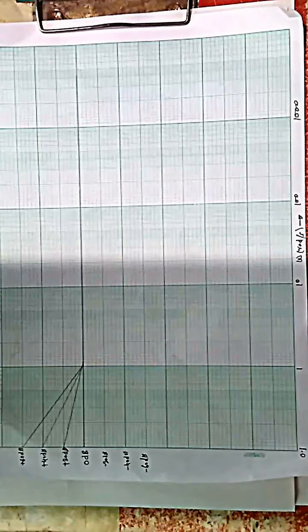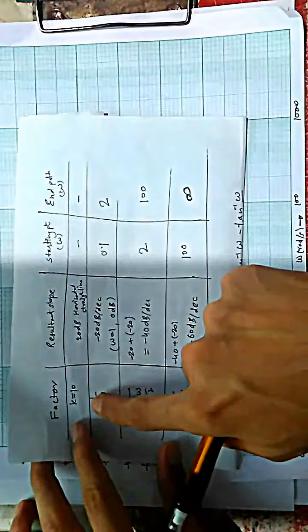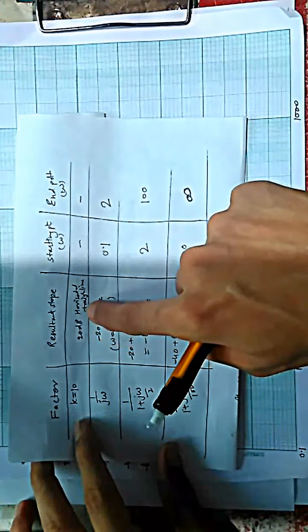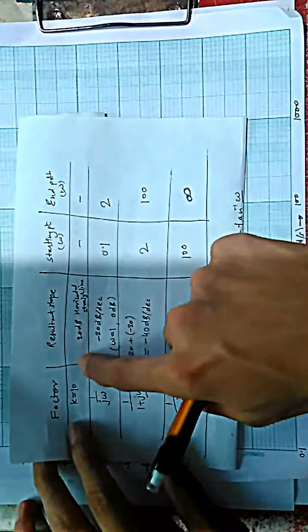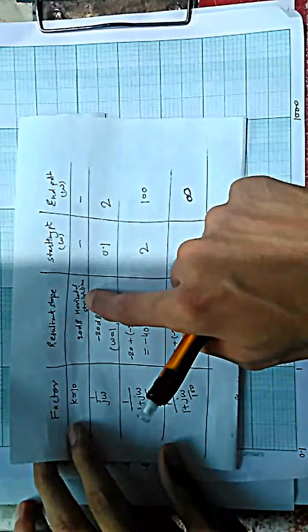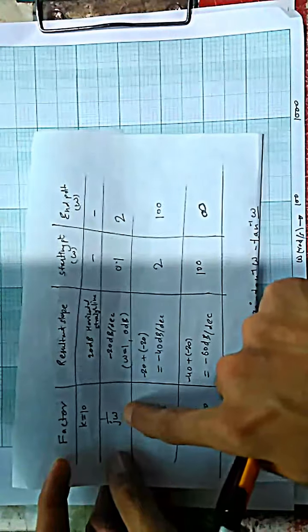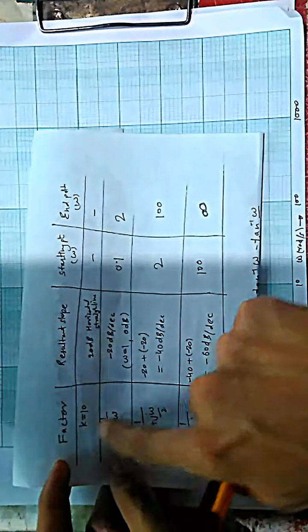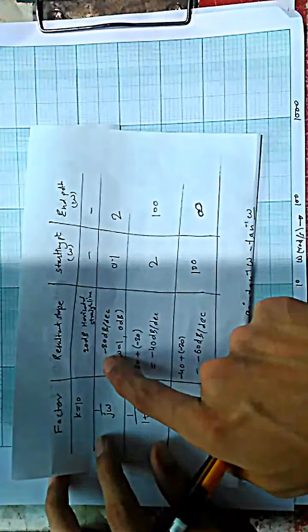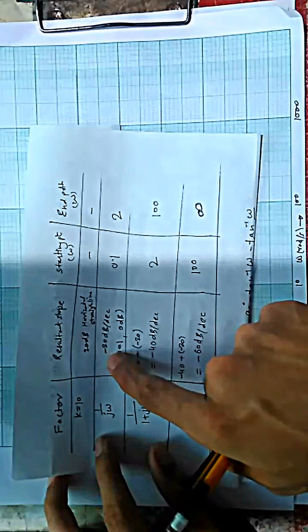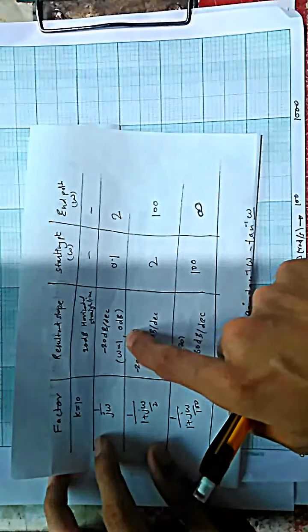Now we start plotting. In the second table, for gain we have written 20 dB horizontal straight line. What is the significance of this horizontal straight line? We aren't going to actually draw this 20 dB straight line. From the second factor, we'll come to know the significance of the first point. It says that slope is minus 20 dB per decade, and the point passes through omega is equal to 1, 0 dB.